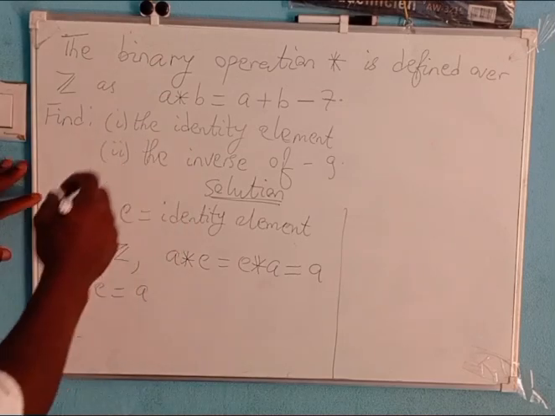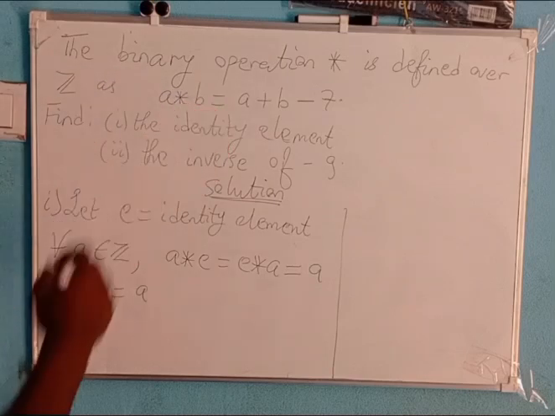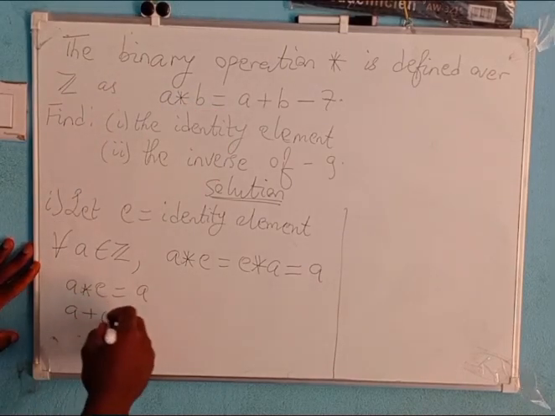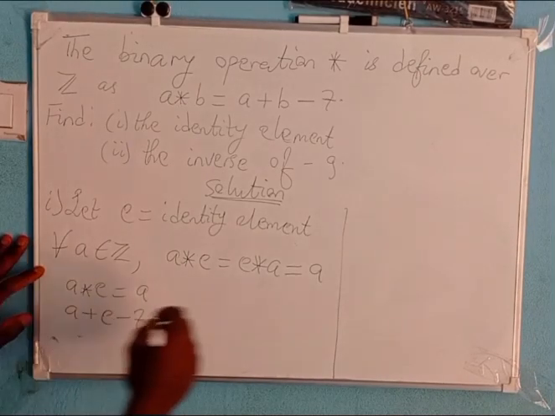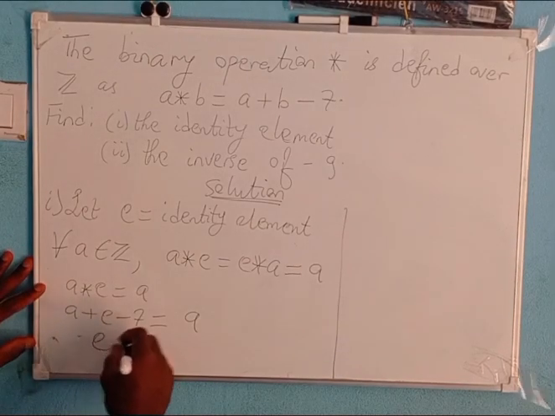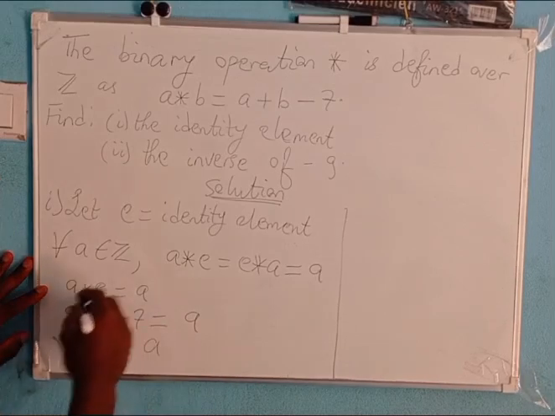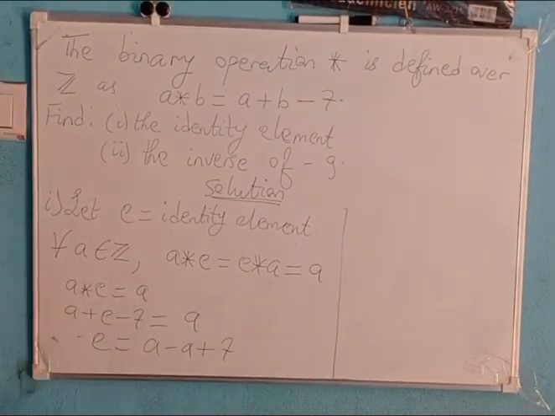A star E is simply the same as, we are going to replace B with E. This will give us A plus E minus 7 at the left hand side is equal to E. Next, if we transfer A to the right hand side and we transfer negative 7 to the right hand side, because we want to make E the subject of formula since we are looking for E, E will simply be equal to A, this other A becomes negative A, negative 7 becomes positive 7.